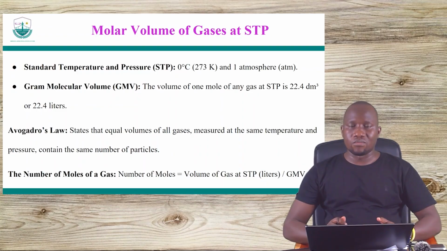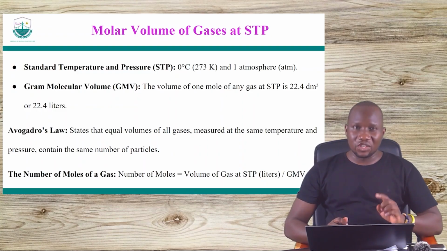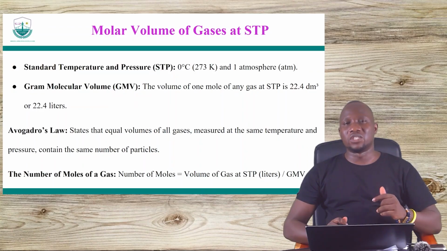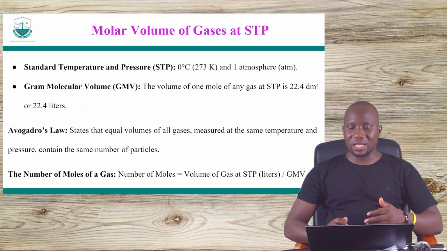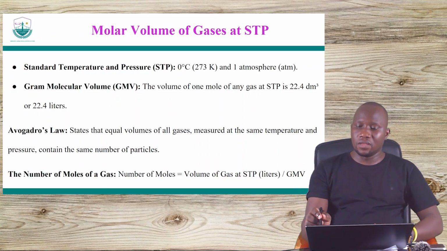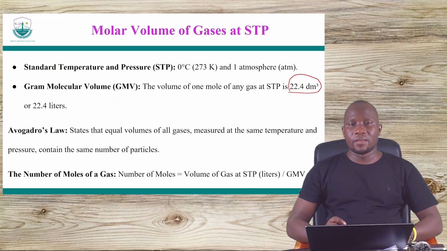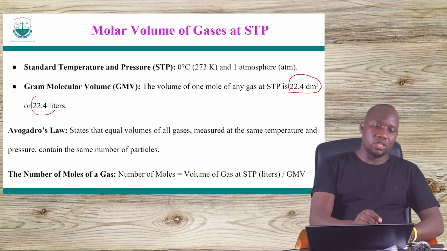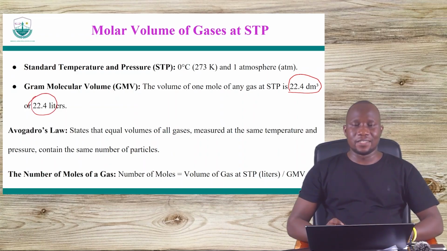For any gas, remember, it could be hydrogen, it could be oxygen, regardless of the gas, as long as it is at standard temperature and pressure and it is 1 mole of that gas, the volume will always be 22.4 decimeter cubed, or basically 22.4 liters.